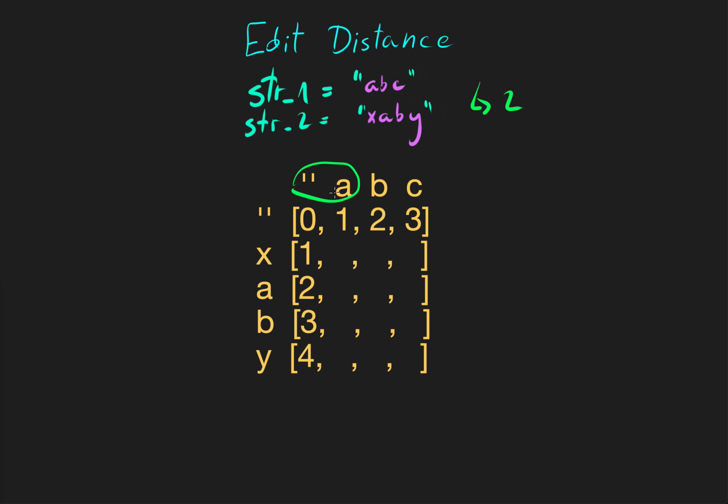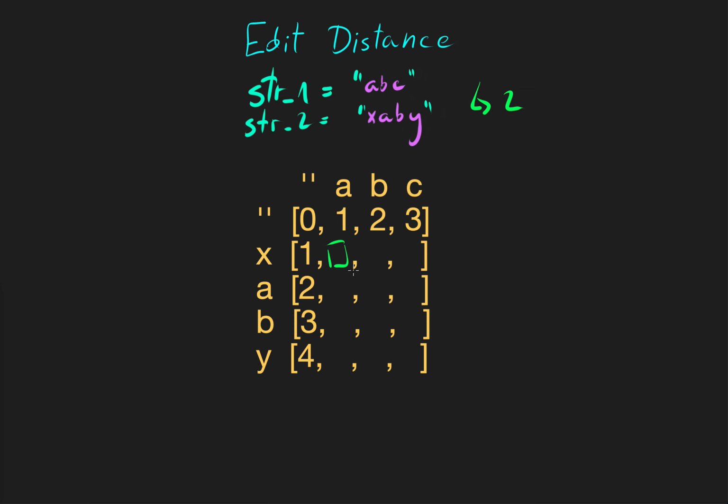If you want to construct A from an empty string, there's 1 addition, and so forth. It's the same for the columns. If you want to construct X, A, B, Y from an empty string, the result will be 4 edits.